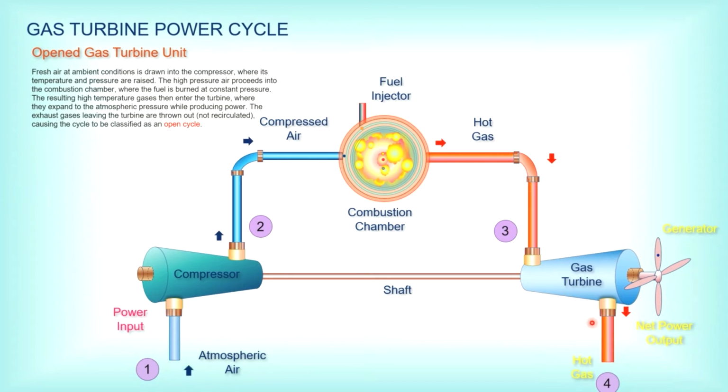So you cannot mix this and redirect it back to the compressor, because the compressor only takes in fresh air from the atmosphere. This hot gas goes into the gas turbine, where it undergoes isentropic expansion, and work or mechanical energy is extracted to move some other components.